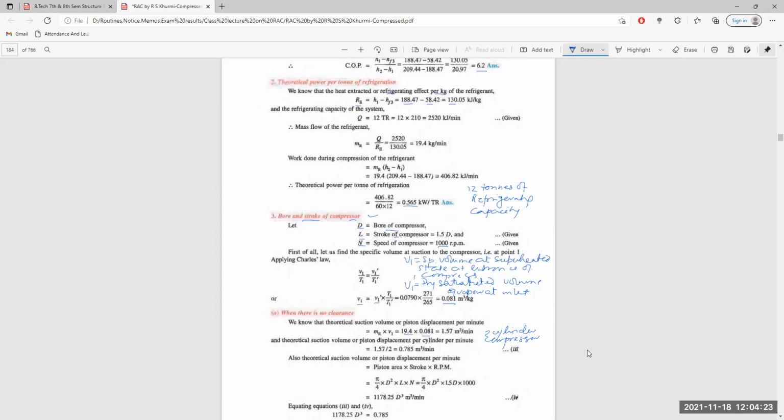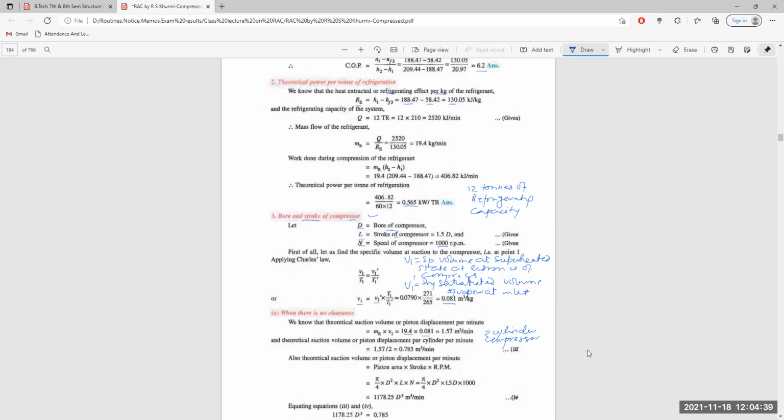Then the theoretical suction volume or piston displacement per minute is the piston area multiplied by the stroke length multiplied by the RPM of the compressor itself. We don't know the diameter and length, but we know the relation between them.